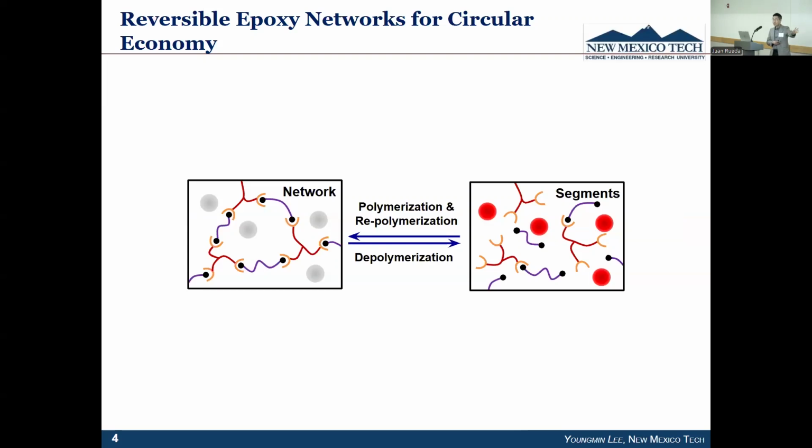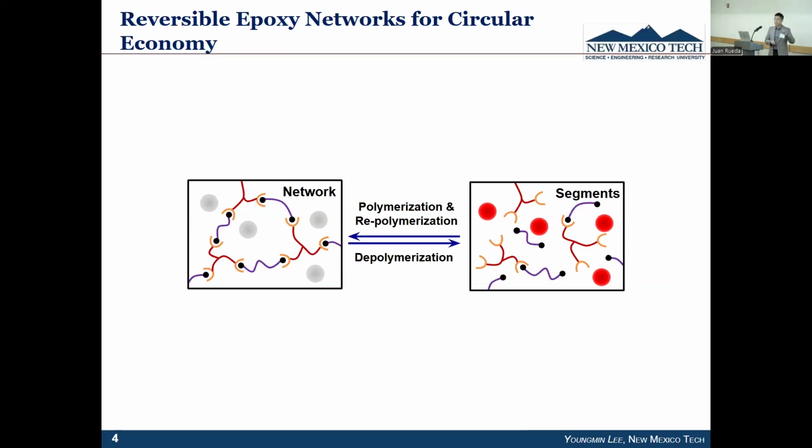During polymerization, they form a network structure from right-hand side to left-hand side, but under certain stimuli, it could be heat, light, or pH change, the reversible group dissociates and the network structure goes back into the segment state. Then we can do additional steps: recycling, self-healing, or reprocessing.